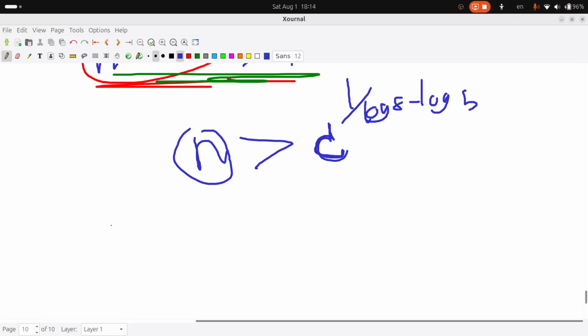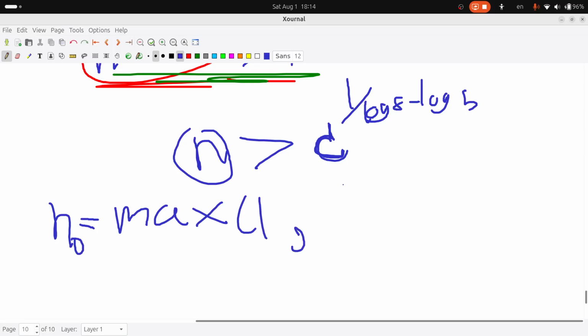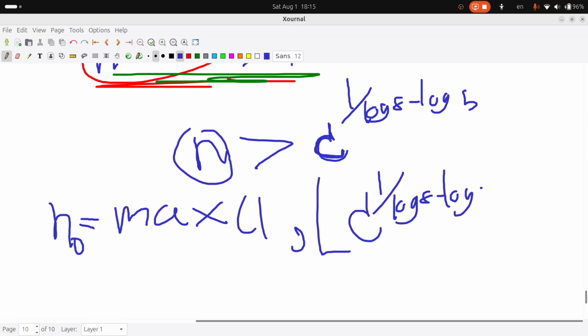So that means we set the starting point to the maximum of 1 when we choose c as the floor of c log n minus log 5 plus 1.